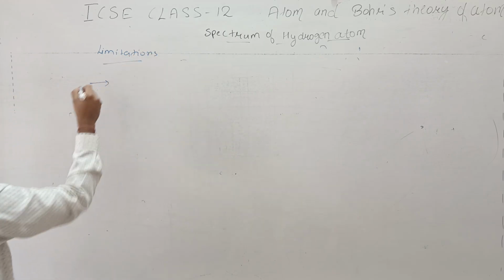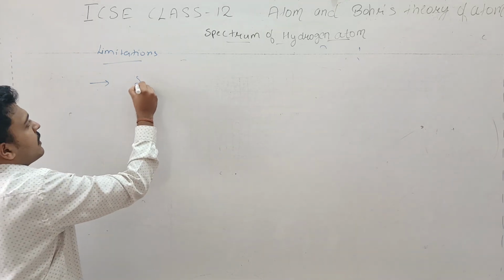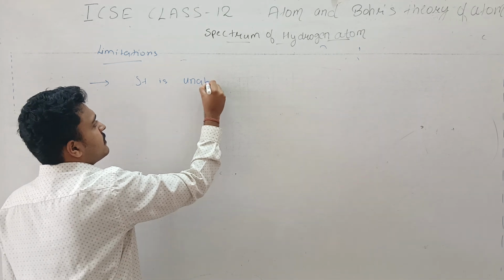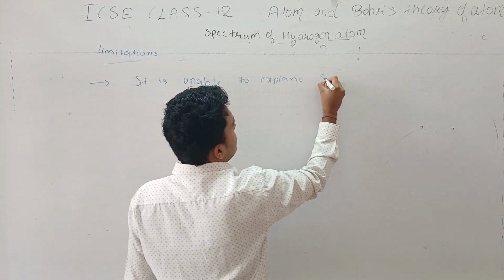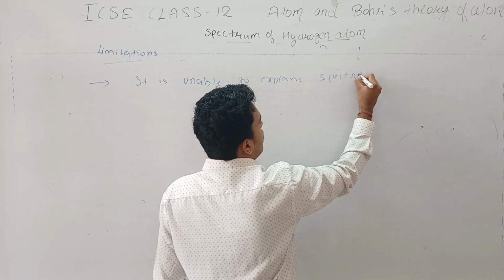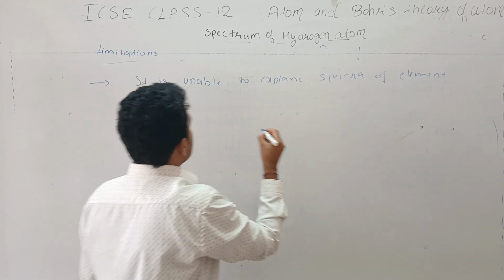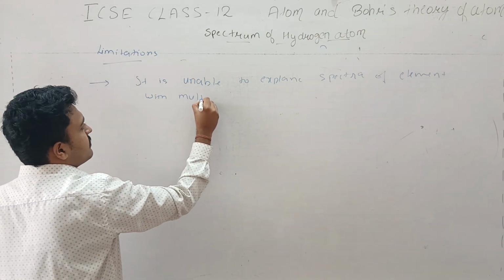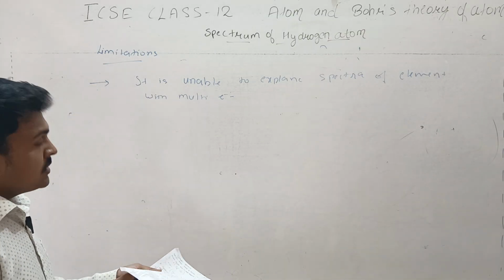What are these limitations? The very first limitation is it is unable to explain spectra of elements with multi-electrons. Multi-electrons means atoms in which there is more than one electron.